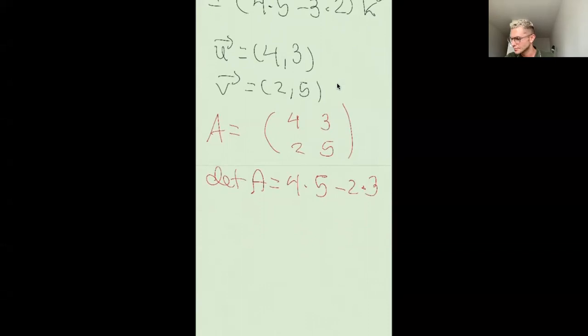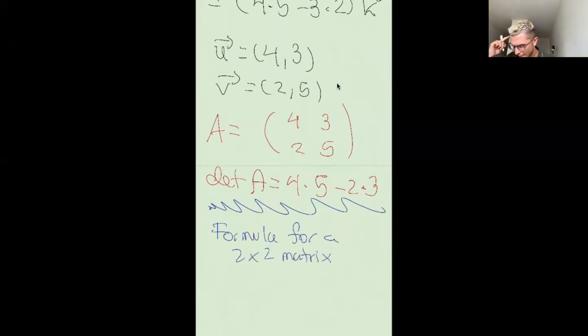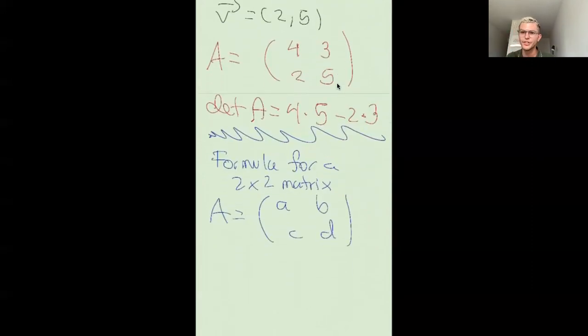If you want, since we have 2 more minutes, I can give you the formula for the 2 by 2 matrix. If you have 4 coefficients, then the determinant of the 2 by 2 is AD minus BC. You multiply these 2 together, multiply these other 2 together, and the difference between them is the determinant of the matrix.